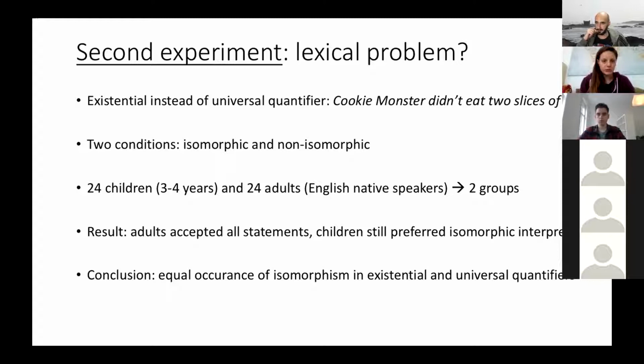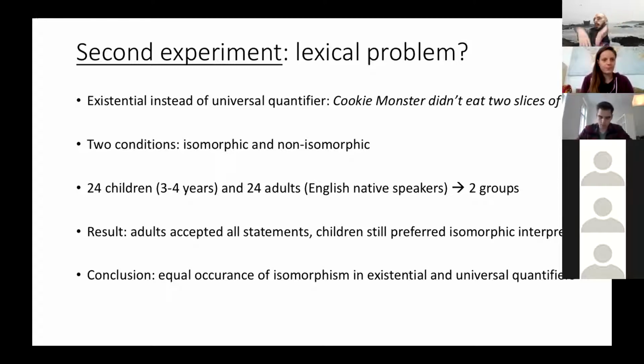So it was true that Cookie Monster didn't eat 2 slices of pizza on the surface scope. The non-isomorphic interpretation was where there were 4 slices and Cookie Monster ate 2, but there were 2 that she didn't eat. So the paraphrase would be, there are 2 slices of pizza that Cookie Monster didn't eat, right?